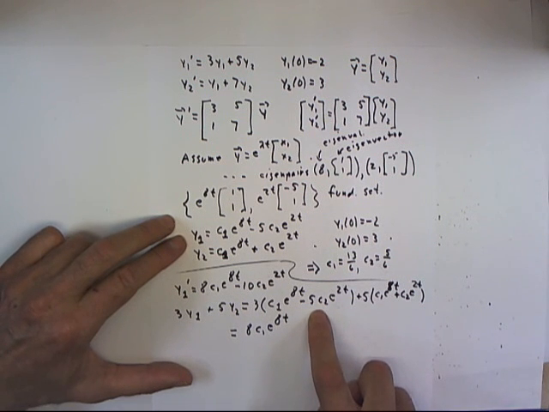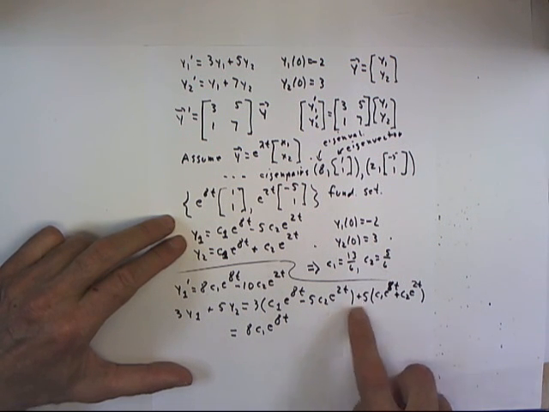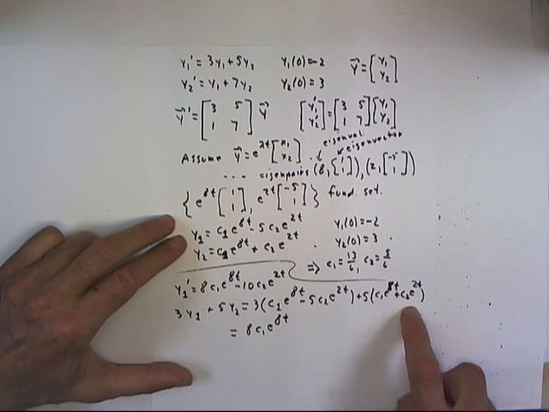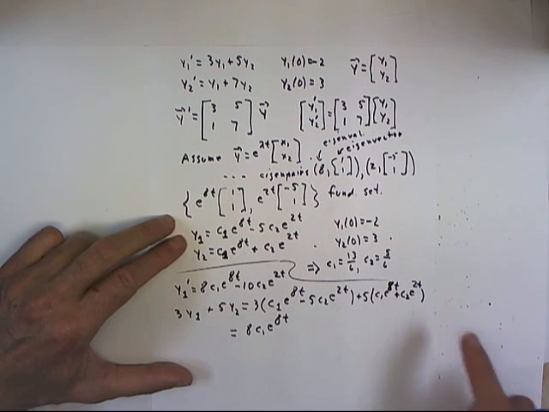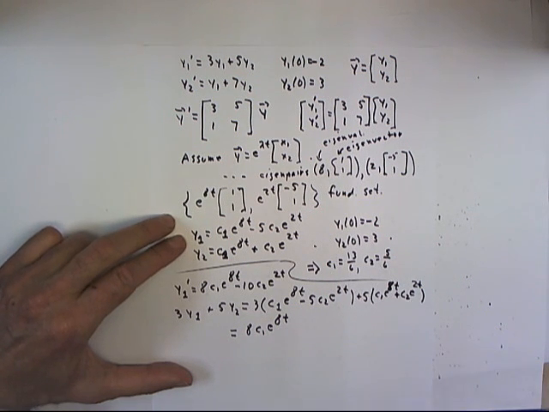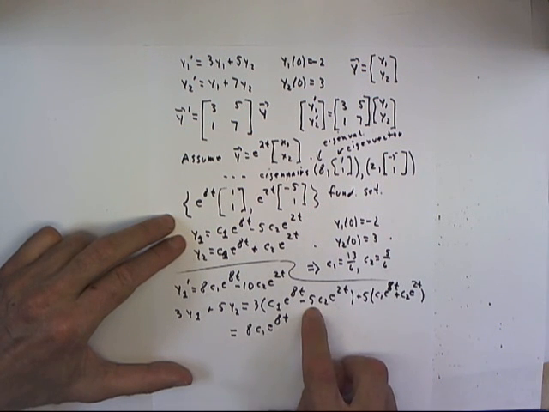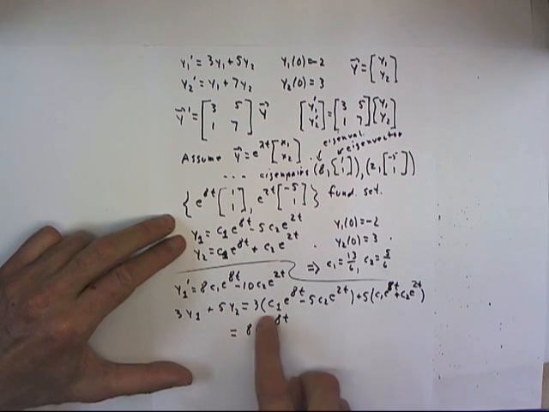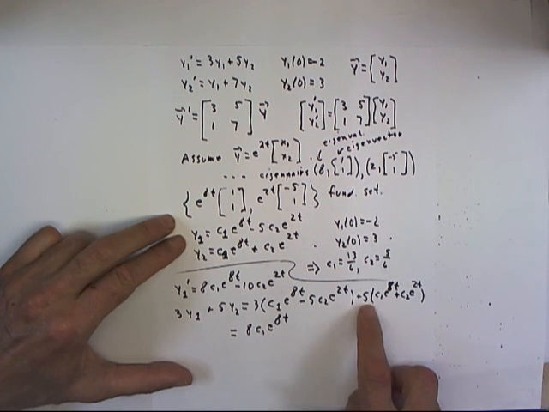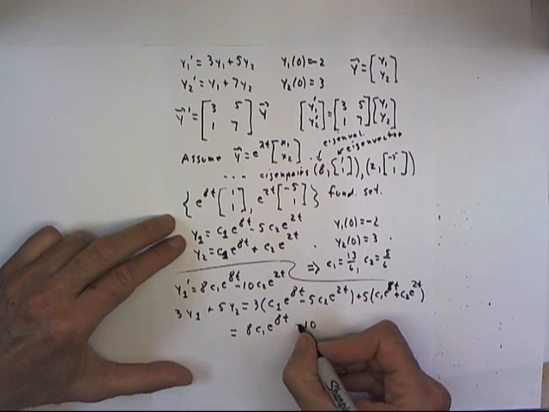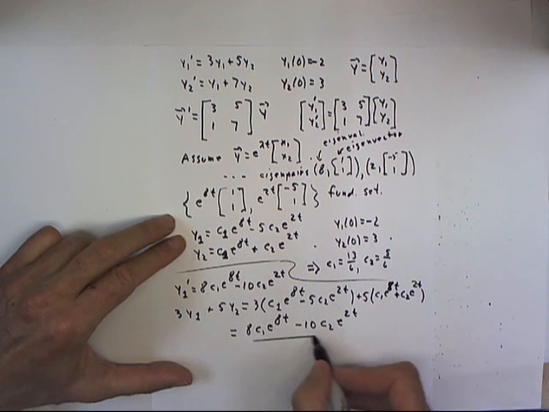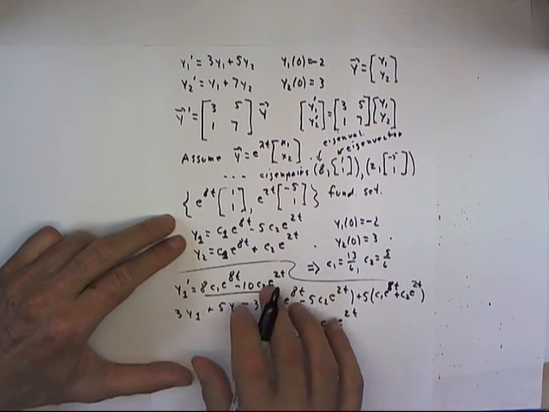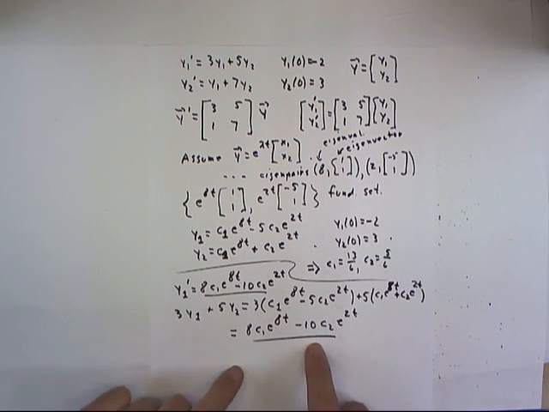And then we have a minus 5c2... I have a problem here. Let me stop a second. Okay, I just missed the fact that this negative 5 is multiplied by 3, giving us negative 15c2 e to the 2t, and a 5c2 e to the 2t, giving us a negative 10c2 e to the 2t. We see that this agrees with this, so that y1 prime is equal to 3y1 plus 5y2.